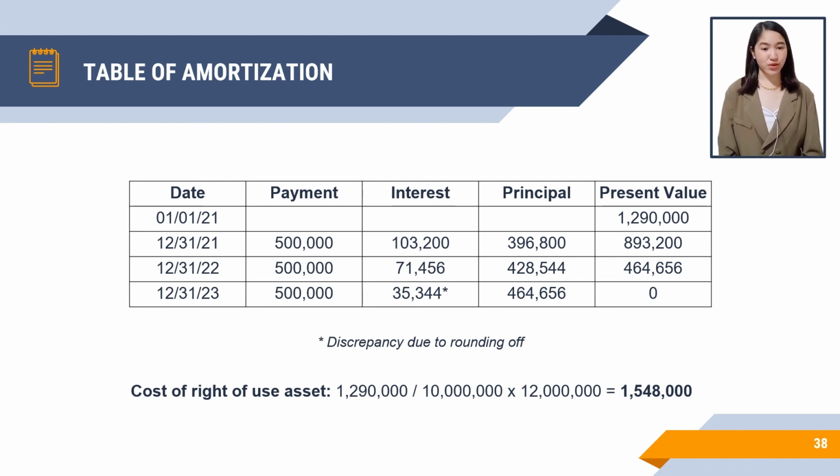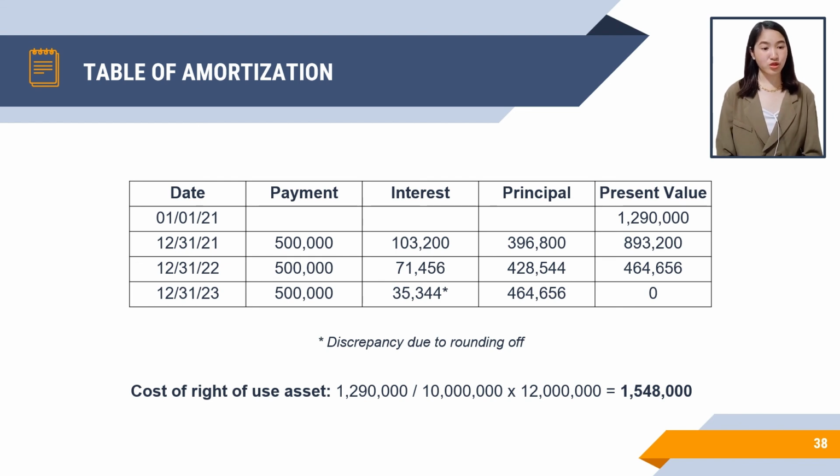Then at the end of the year 2021, pag magkakabayaran na. So, di ba the payment consists of interest and principal. So to get the interest, kukunin lang natin yung 8% ng 1,290,000. Then, yung principal naman is only the difference between the payment and interest. Then, after we get the principal, ibabawas na natin yung principal na yon sa present value at the day 1.